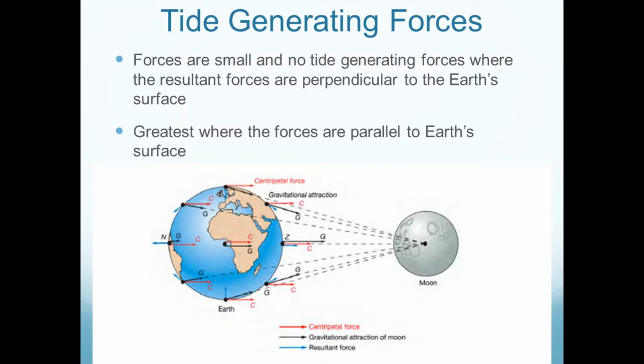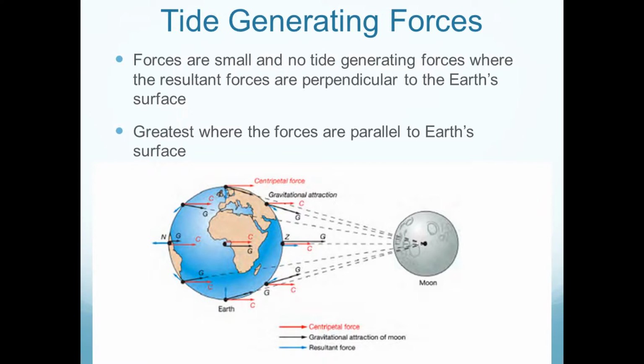If we look at the image, let's look at point Z, because that's your zenith, compared to where the moon is in relation to the Earth. You can see the black arrow is your gravitational force. At that point, your gravitational force is going to be the largest compared to everywhere else on Earth.